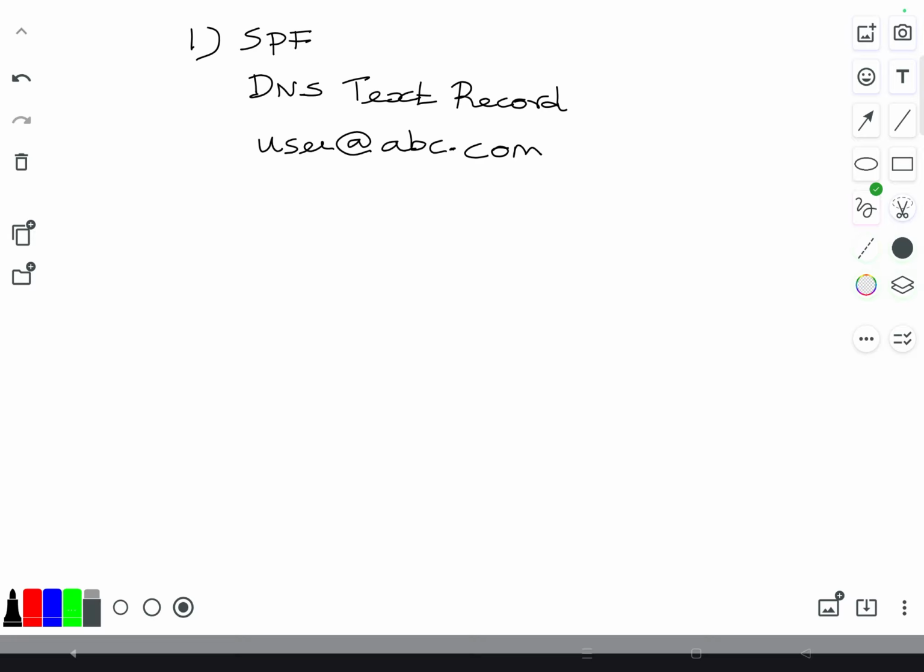The receiving email server checks the SPF record of abc.com. It verifies if the email originates from an IP listed in the domain's SPF. It checks there to see whether the IP is listed.